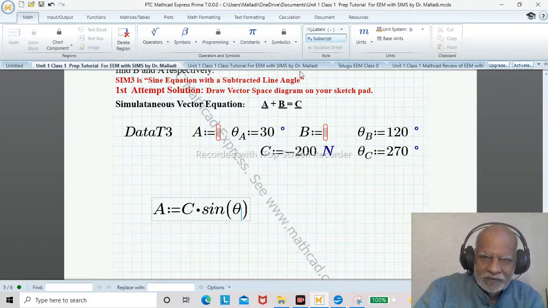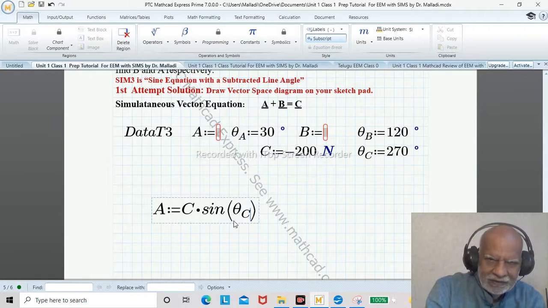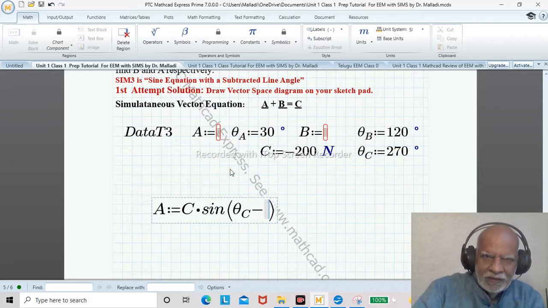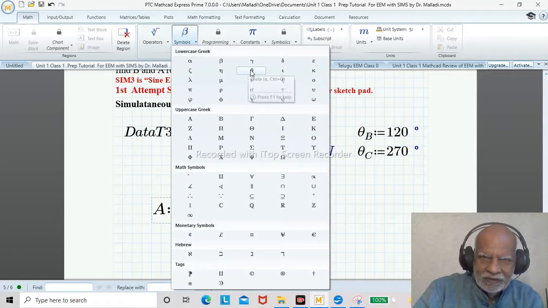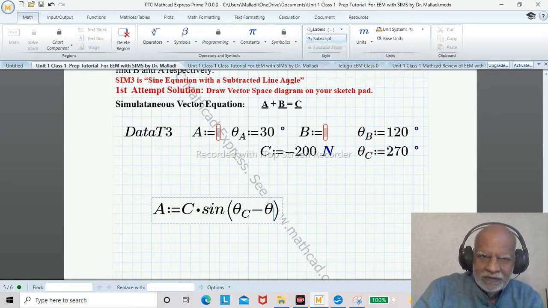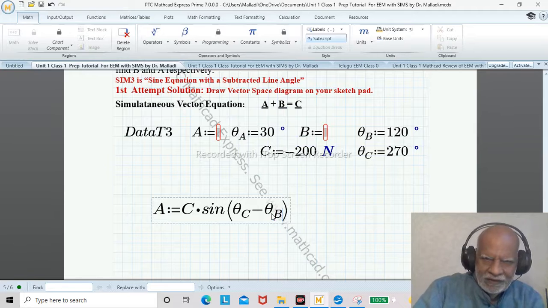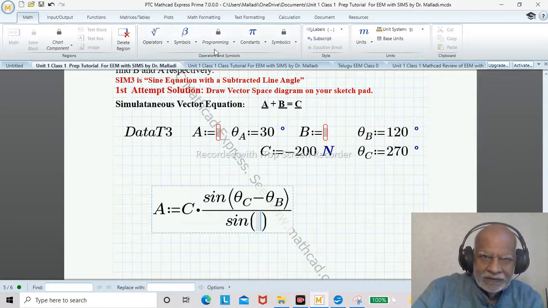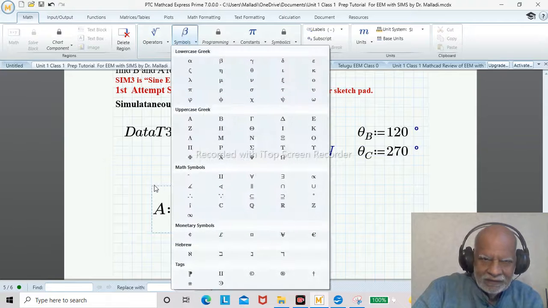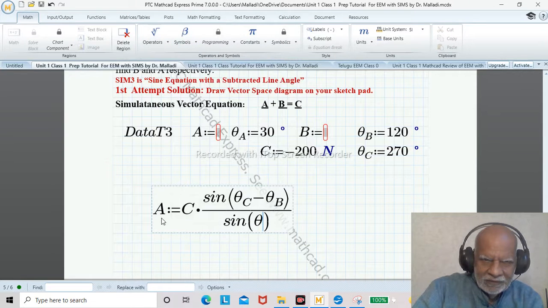and I go to subscript theta C minus, and I go to angle again here and then choose theta, and subscript is, we are going for A, therefore we have to subtract angle B, and now I divide this by sine, and again theta C, theta should be A here.